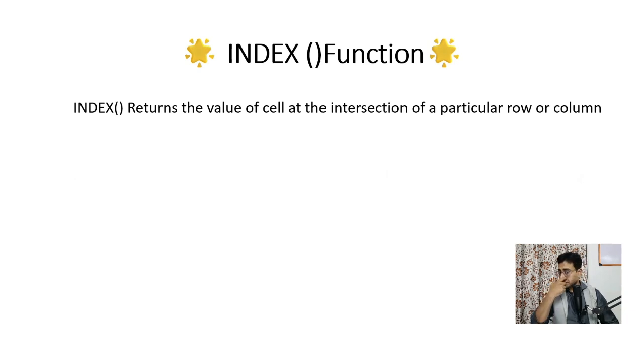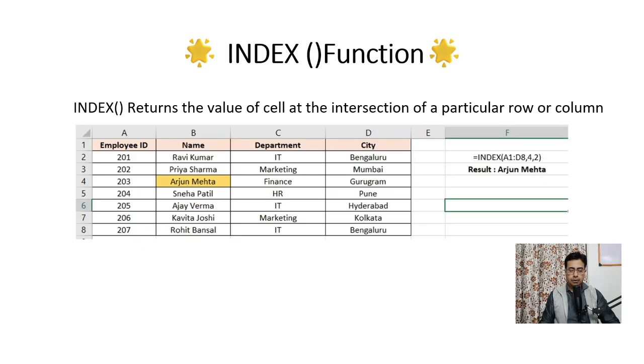Now the INDEX function returns the value of the cell at the intersection of a particular row and column, right? So if I have data like this, it has an employee ID, name, department, city, etc. Now let's say I want to find out the value of cell B4. Okay. Now what do I write? The syntax is equals INDEX.